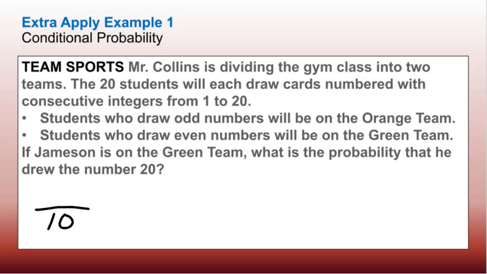There are 10 numbers that are even, because the green team were even, and there are 20 numbers total. So 10 of them are even. Out of all the ones that are even, how many of them is the number 20? That would be 1. So 1 is 20, and 10 numbers are even.